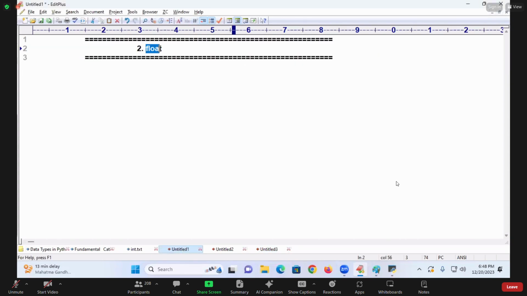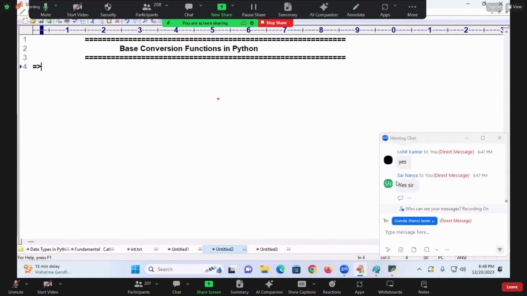Right. Float data type. Before that, I'm going to take up base conversion functions. As a purpose of notes I'm giving this, and further they will ask you, there is also one system tester: write a Python program for a base conversion calculator. What is a base conversion calculator?